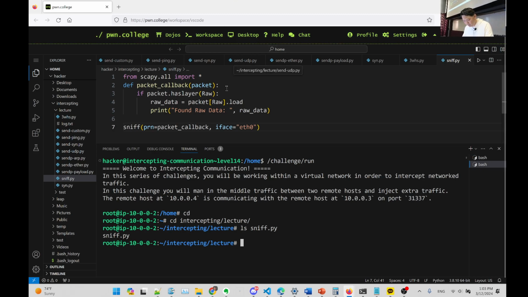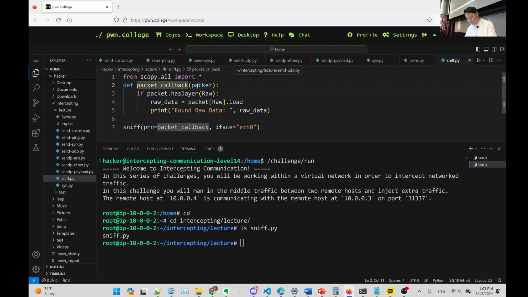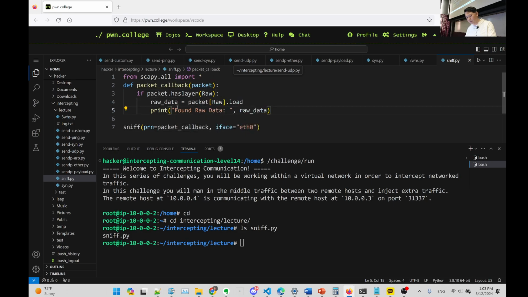This code uses Python sniff, so you can define callback functions to monitor specific conditions. Here, the sniff function needs a callback function, named packet_callback here. The packet has some raw data, and you should print it out from interface eth0.